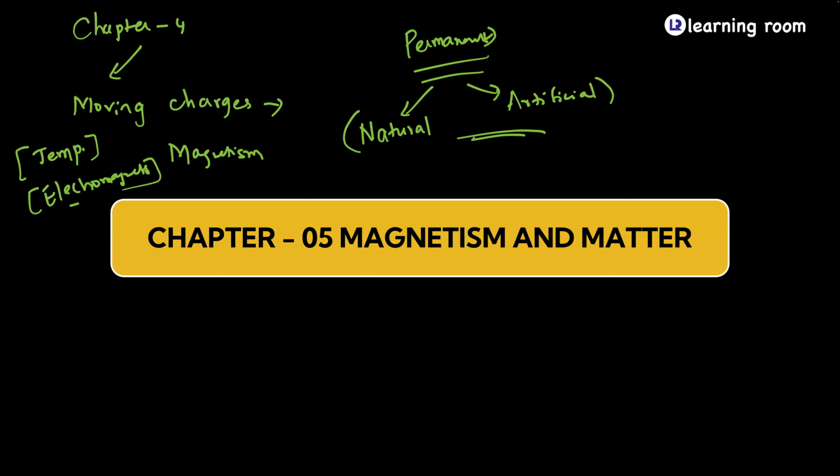So with that logic, what did we do in the previous chapter? We made those charges move artificially by connecting a potential source. As long as the potential source is connected, as long as the current is passing, like as long as the switch is on here, this fan is going to revolve and there is going to be magnetism generated around the wires. As soon as I switch it off, what will happen? Magnetism is dead.